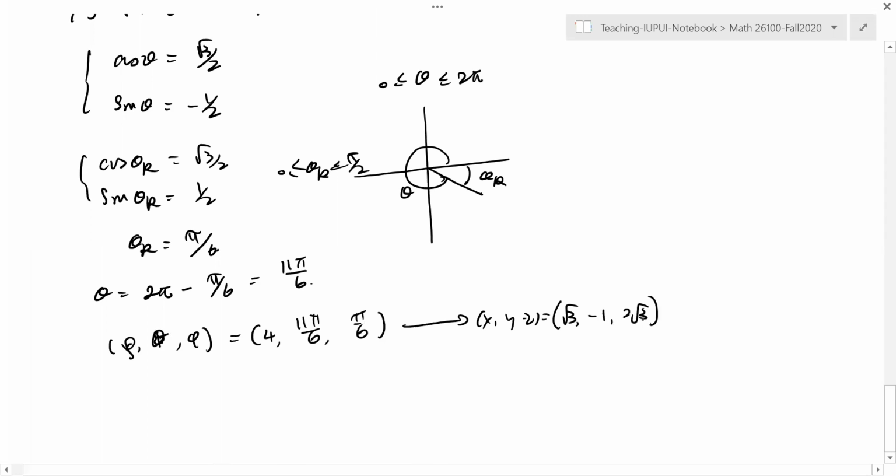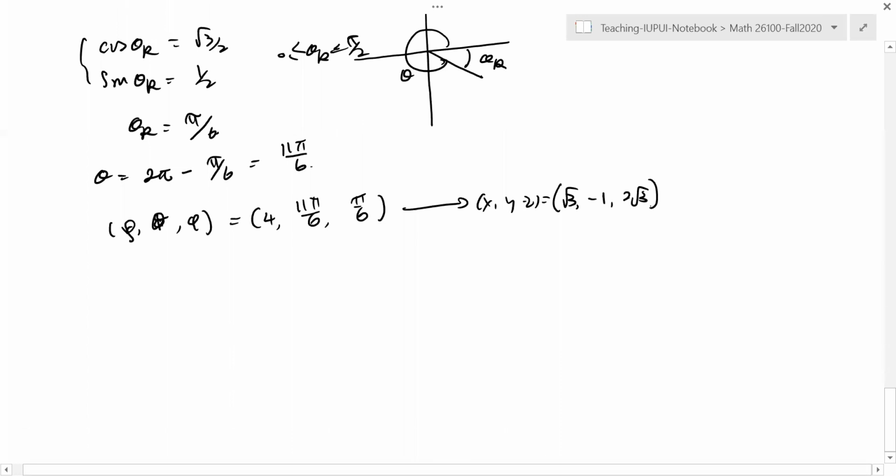That is the image of this transformation of the point 4, 11 pi over 6, pi over 6. This is how we understand rho, theta, and phi.